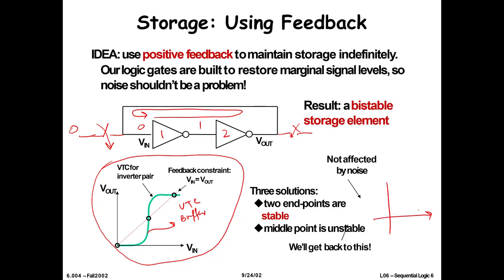Remember that the voltage transfer curve of a NOT gate was something like this. Okay, so the NOT gate was something like this, and if you combine two NOT gates, then you get a buffer. So the buffer has exactly the opposite characteristic curve of a NOT gate.